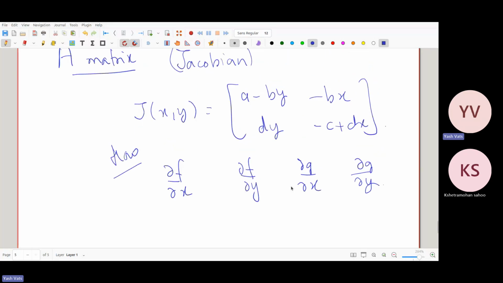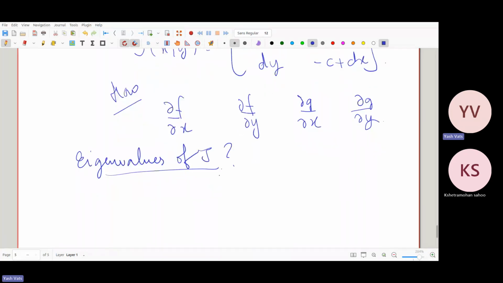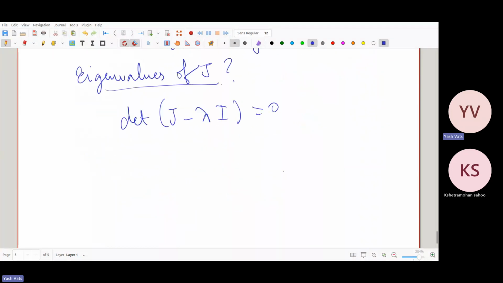Now for the eigenvalues. How do you find the eigenvalues of J? You calculate the determinant of J minus lambda I equal to 0. At (0,0), what is J?